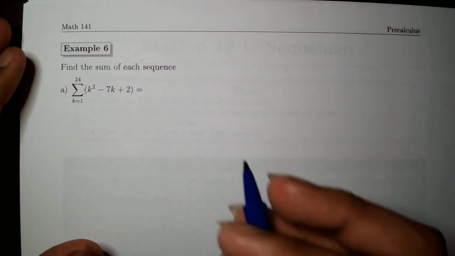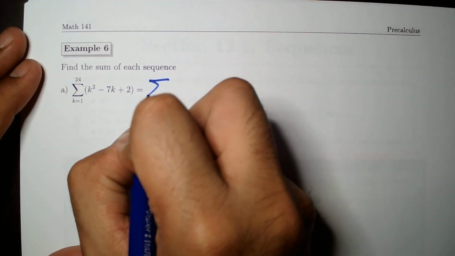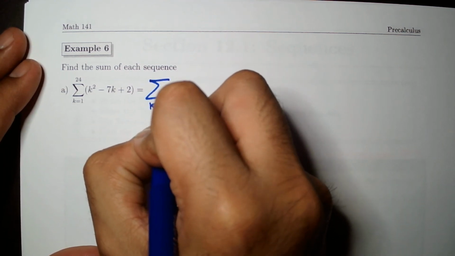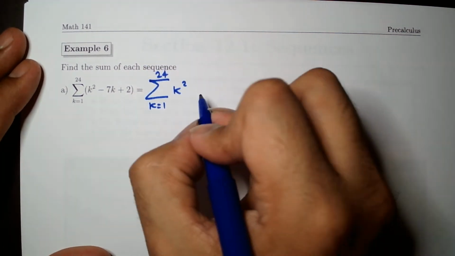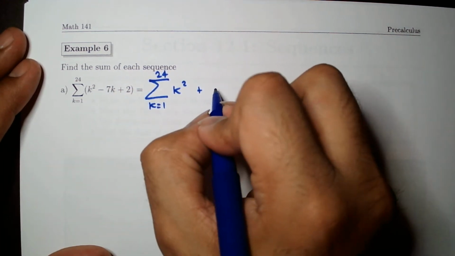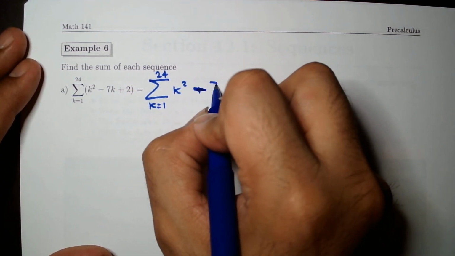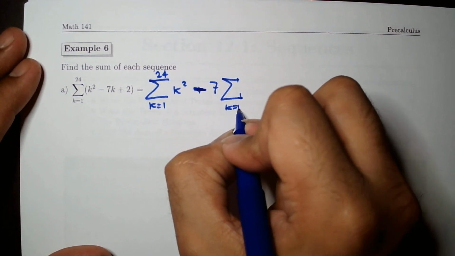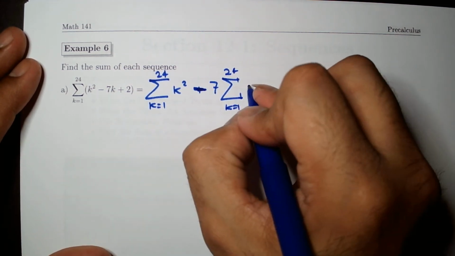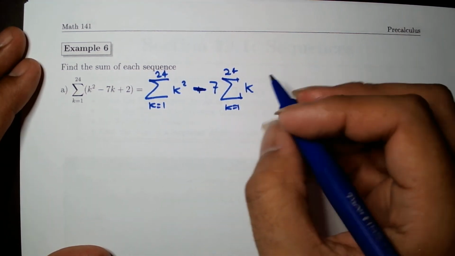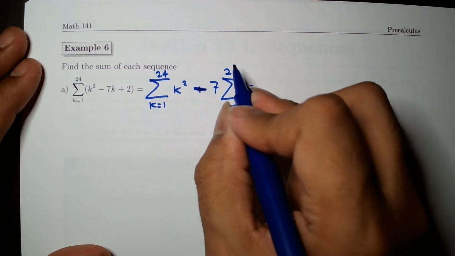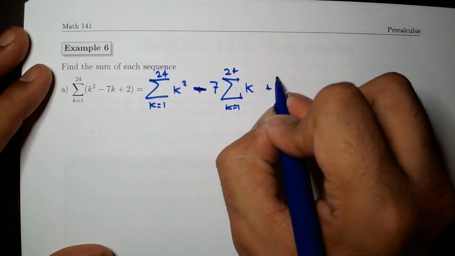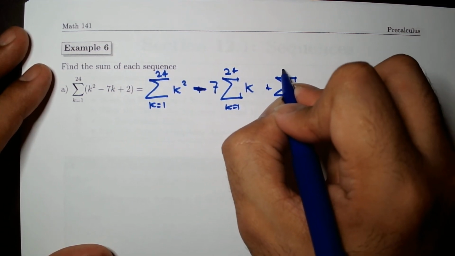So this is what I'm going to do: the sum of k squared, as k goes from 1 to 24, minus, not plus, 7 times the sum of k as k goes from 1 to 24, and for the last one, I'm going to leave the constant inside. I'm not going to pull it out of the sigma symbol.